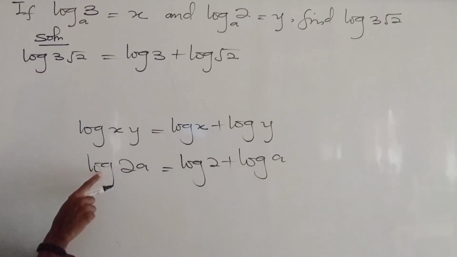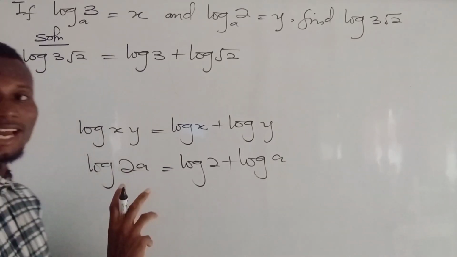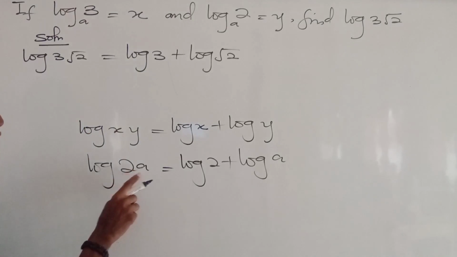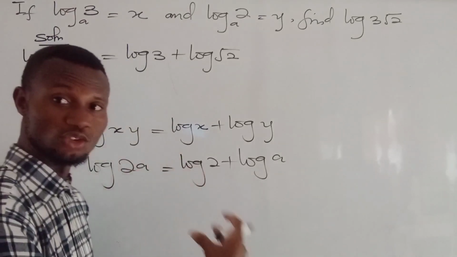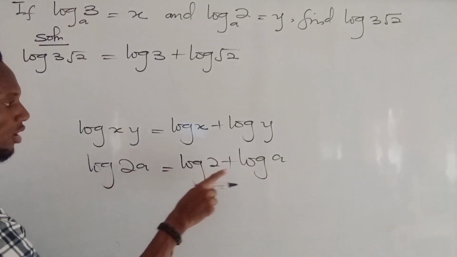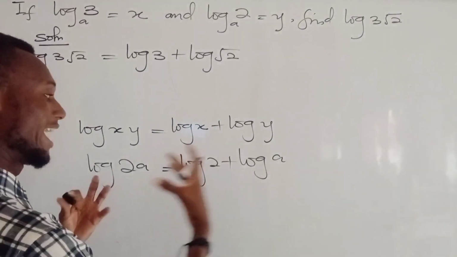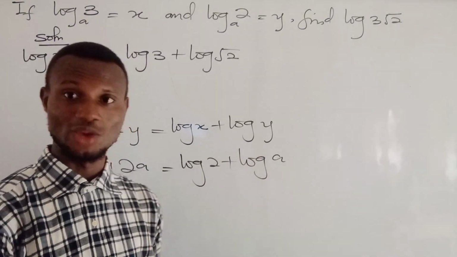The log will affect the 2 and the log will affect the a as well, but the operation sign, which is multiplication, we change to addition. So it's going to be the log of 2 plus the log of a. That's how to expand something like that. It's one of the logarithm laws we are applying.